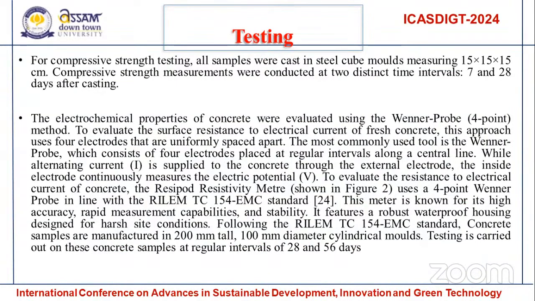In testing, we have tested two different properties of the concrete. The first is the characteristic compressive strength, tested at two different intervals, 7 days and 28 days. The second property is the electrochemical property, also known as the surface resistance to flow of electrical current through it, measured by the standard method, the Xylem TC154 EMC standard, using a resistivity probe meter.